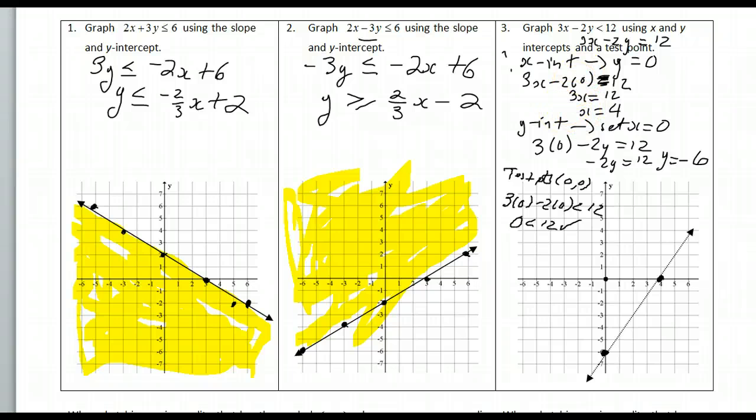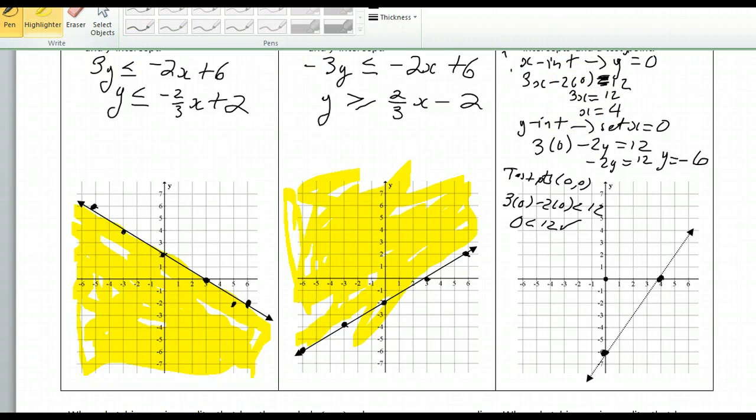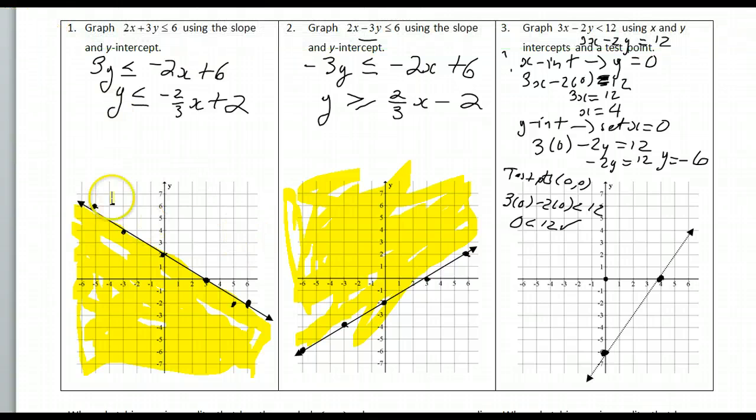So let me go up and get my highlighter, and we'll come back over and highlight the region above. Oops. And to the left and to the right.